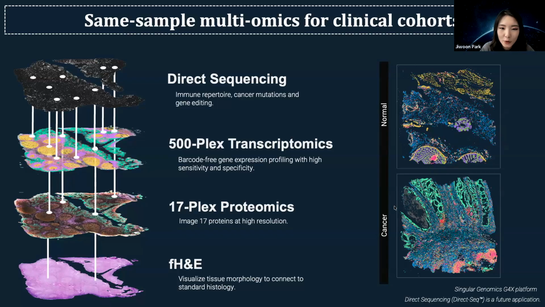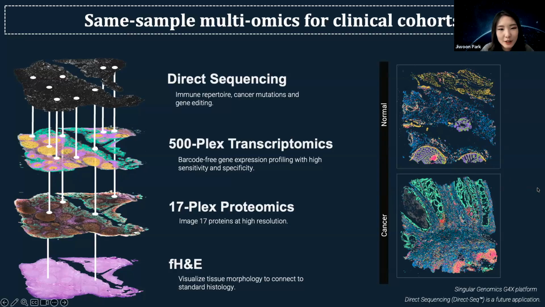Whereas for clinical cohorts, what really matters is how to find clinical markers and low-plex panels that we can run across large-scale cohorts, and how to generalize all of these spatially related findings of the datasets that we generate.